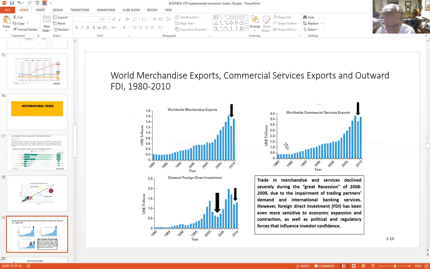Here you can see that the decline in services was from about 4 trillion to 3.5, not just about the same amount when you look at the actual dollars.